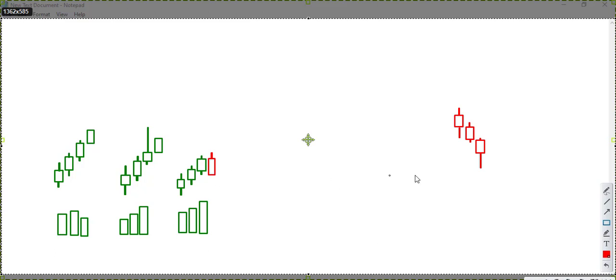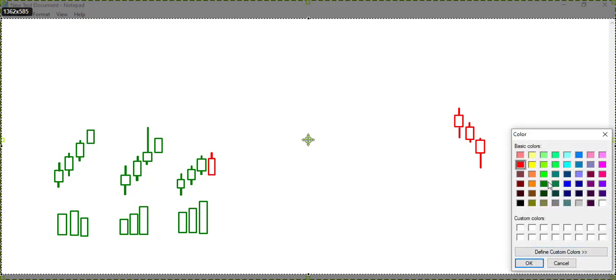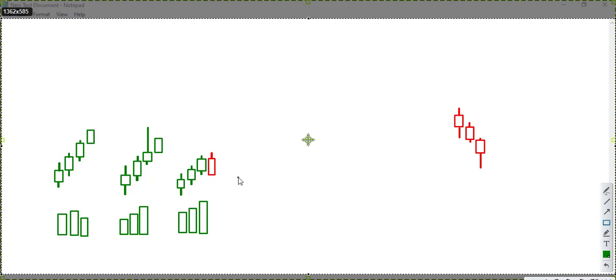Same thing: suppose the market is going up, and after this candle comes the next candle, and then this one. But in this case the volume is like this.